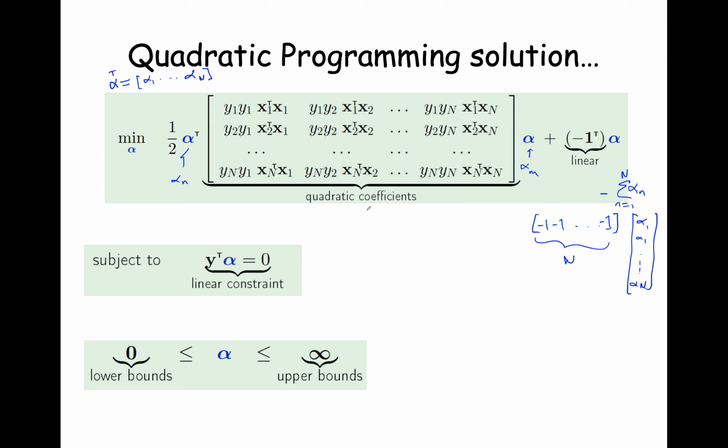So our constraint then is, subject to y transpose alpha equals 0. Now remember, we said the sum of alpha n yn is equal to 0.